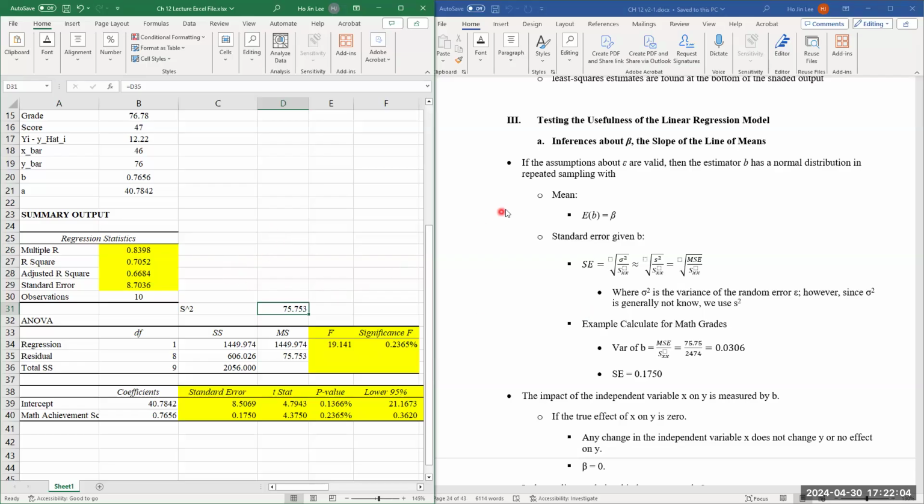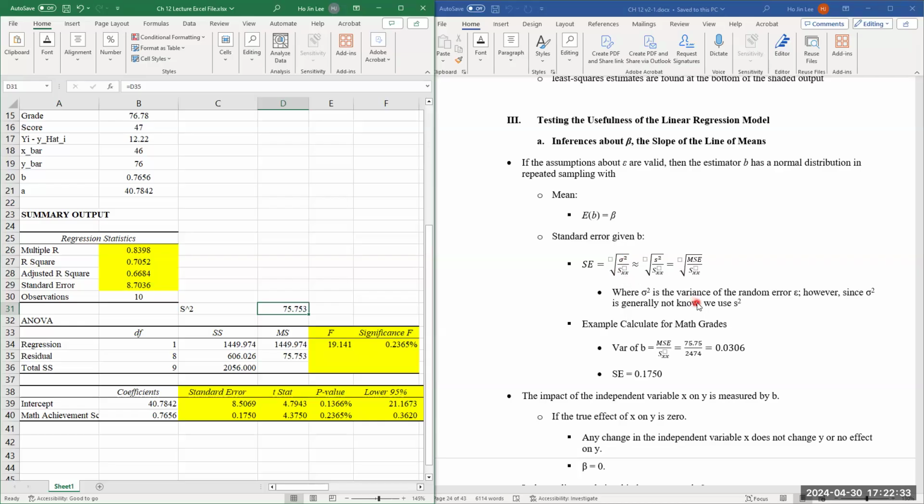All right. So the expected value of the estimated b is equal to the population parameter beta. The standard error for b is equal to the square root of the true population variance divided by SXX.